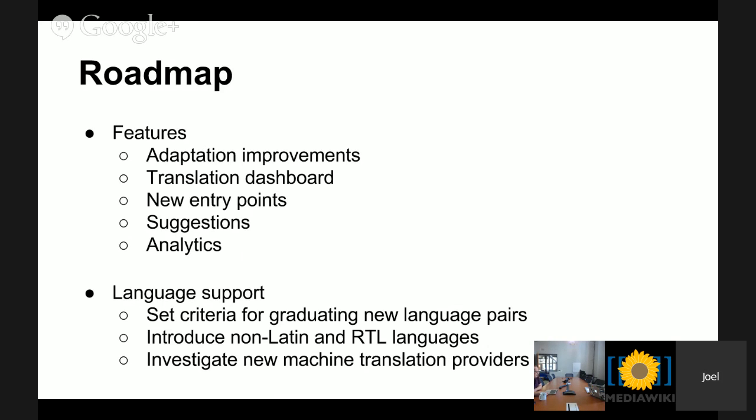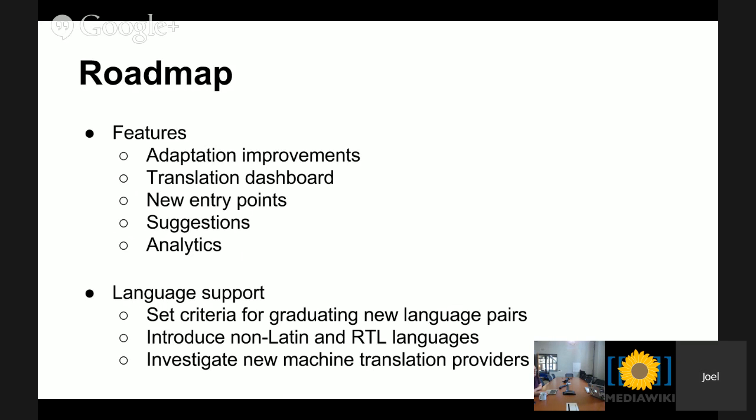And in addition to these suggestions, we're also investigating new entry points so that instead of just having to go to the content translation special page to get started with the tool, there might be entry points from within different parts of Wikipedia itself.